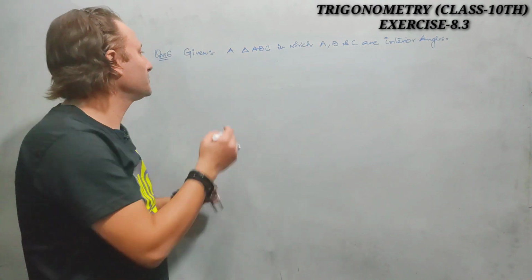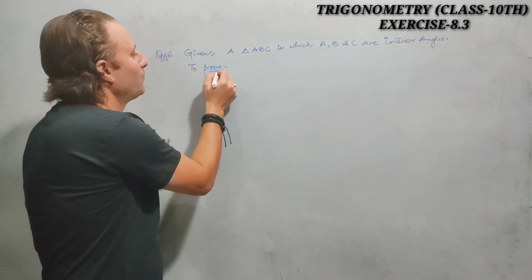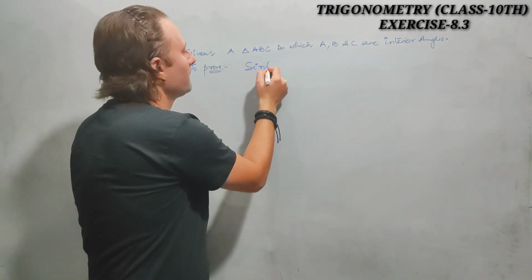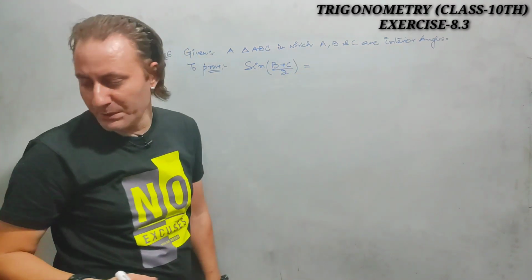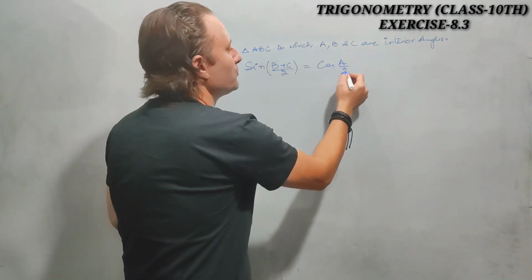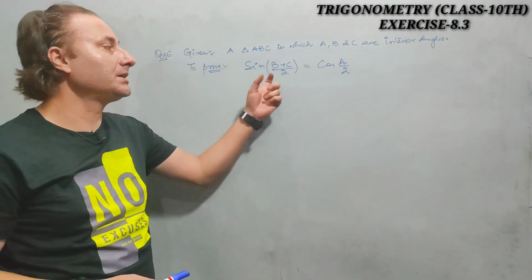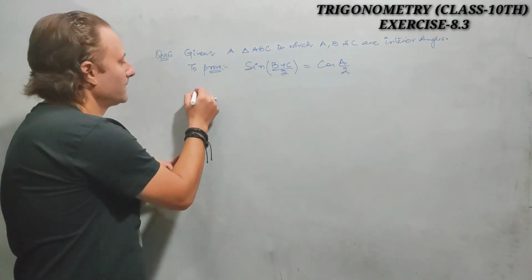Now what are we actually supposed to prove? It says sine of (B plus C) upon 2 has to be equal to cos A upon 2. Is that what it says? Yes. So this is the thing that we are supposed to prove. Now what to do? Let's see.